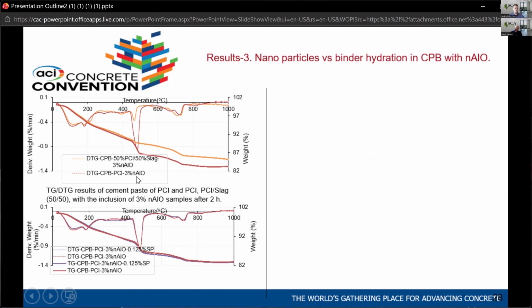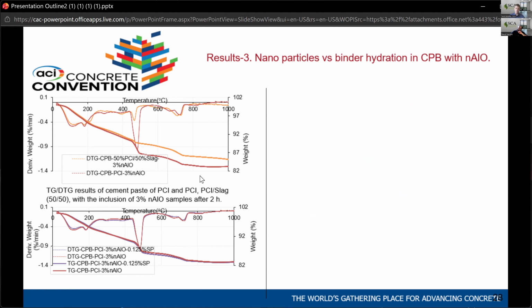These are the TG/DTG results with comparison. So the nanoparticles are the same in these two samples. The only thing that is different is 50% of slag. There is no slag in here. This is for, we had it for iron.